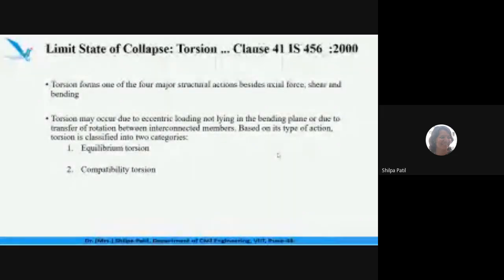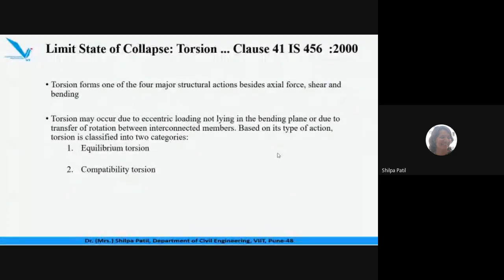For example, suppose there are two beams connected with each other at a certain point, and because of the bending of one particular beam, the torsion may get developed in the another beam. So depending upon the compatibility of the interconnections between the members, the torsion may get transferred or developed due to the action of the another connected member.